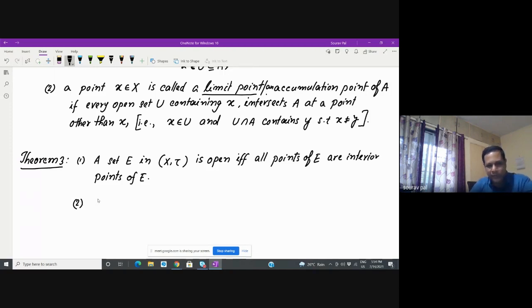So a set F in X is closed if and only if F contains all its limit points.